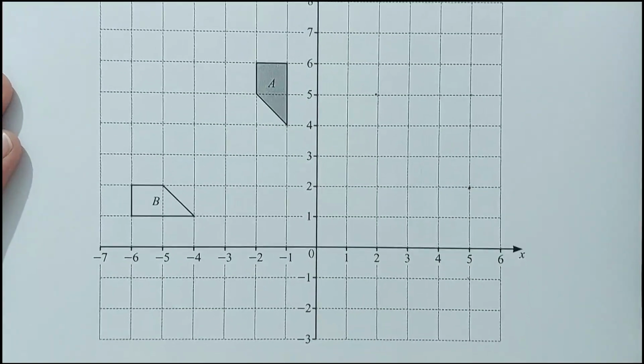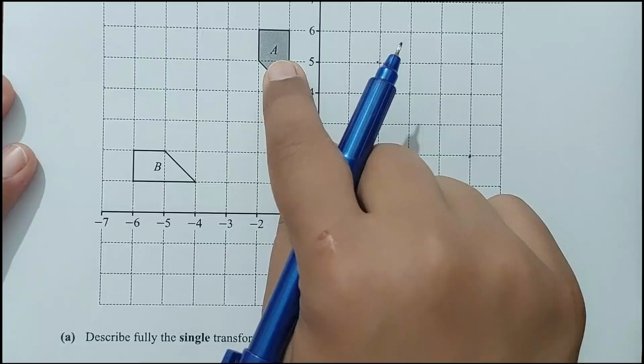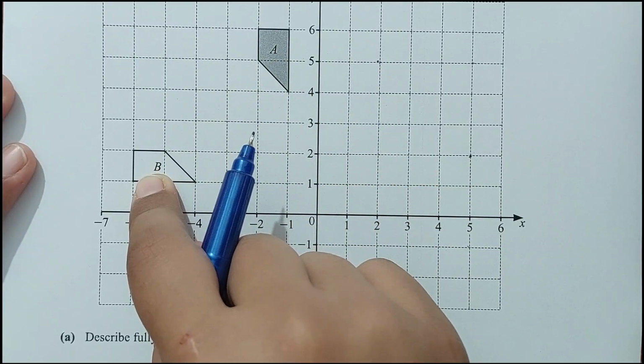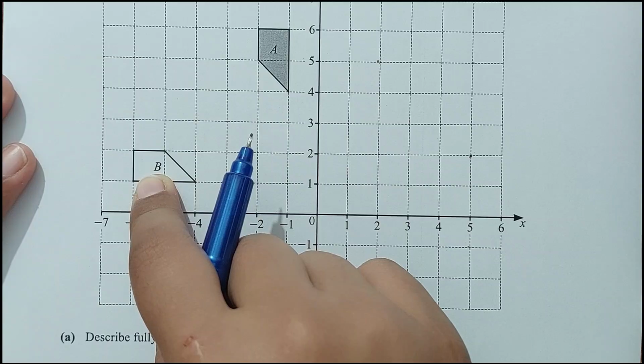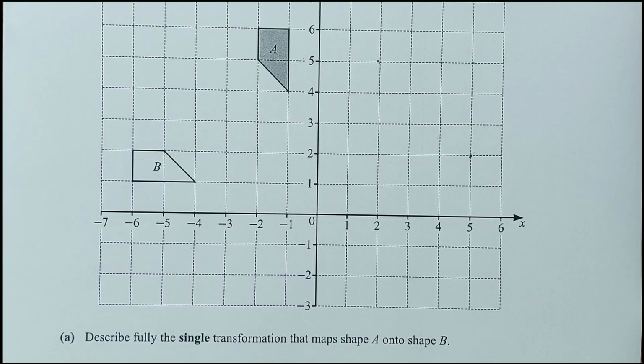Question number 5, part A. Describe fully the single transformation that maps shape A onto shape B. So A onto B. This is not an enlargement, not a rotation, and not even a translation. It is a reflection.